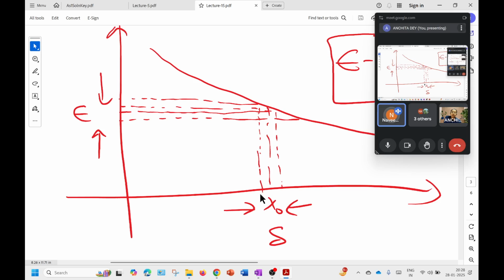If this value is less than delta, then the corresponding f of x minus f of x naught would also lie within the epsilon region.